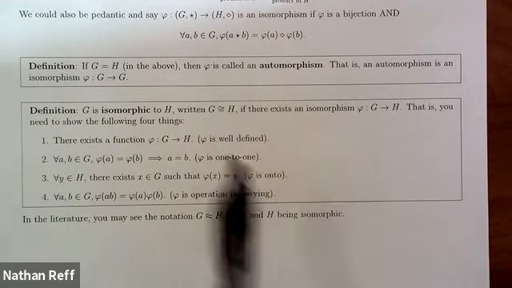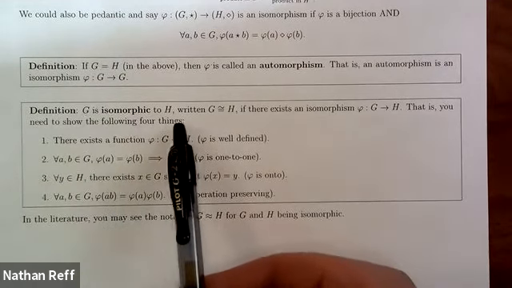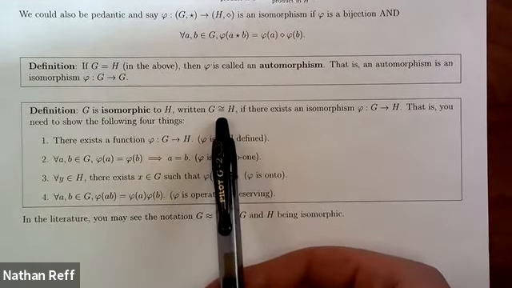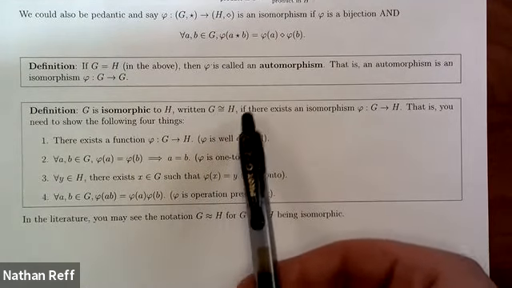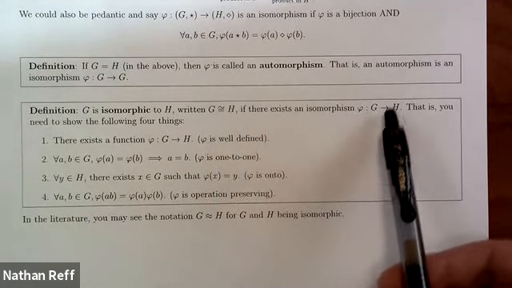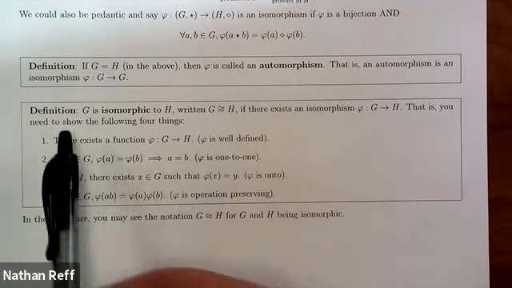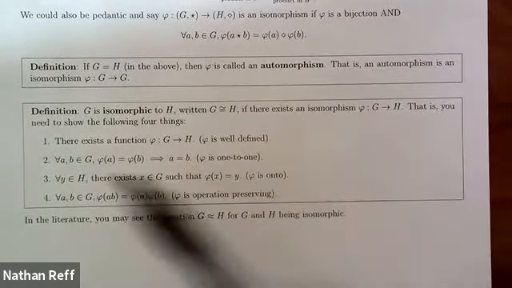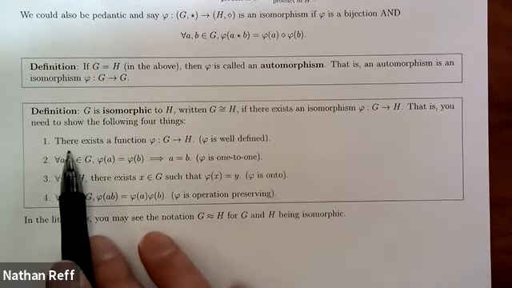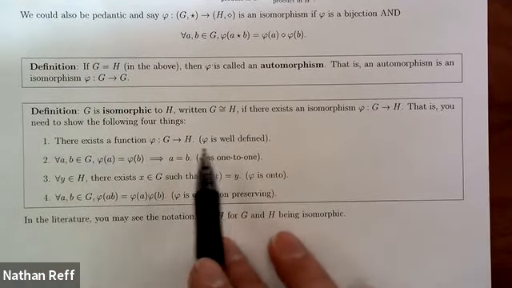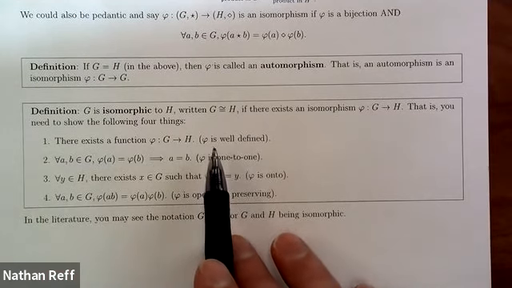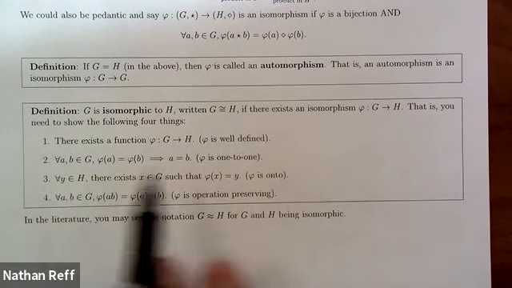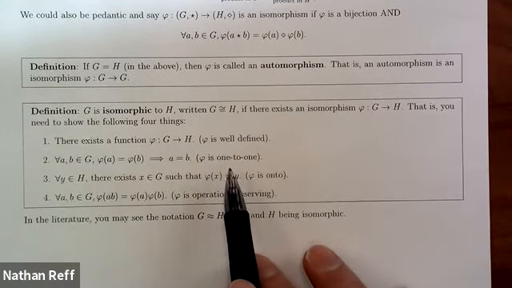Okay, so G is isomorphic to H, and we'll write this notation here, just like you had in linear algebra for vector spaces, if there exists an isomorphism from G to H. Okay, so you need these four things to happen. The very first thing is there exists a function from G to H. So in other words, you want a well-defined function. Second thing, you want the function to be one-to-one and onto.